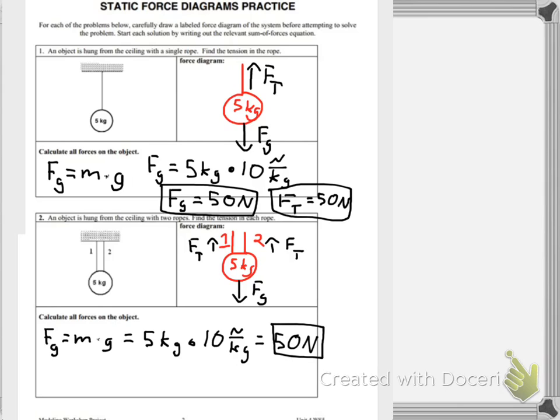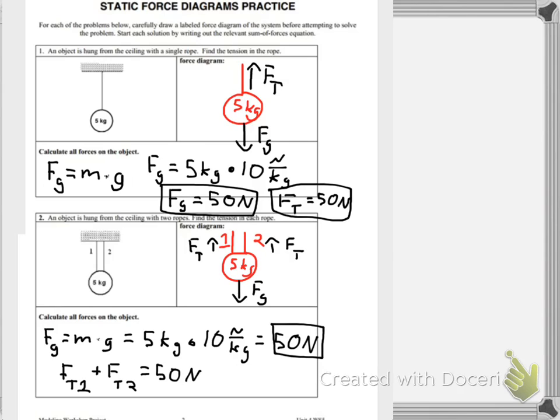And now again, the object is not moving, so that means that the tension forces have to balance out with that force due to gravity. So that means that the force of tension in rope 1 plus the force of tension in rope 2 have to equal 50 newtons.